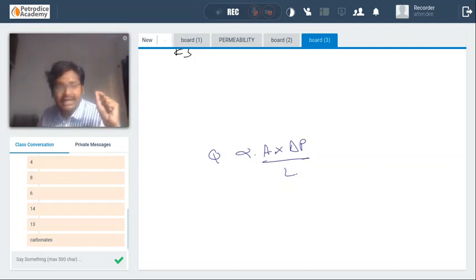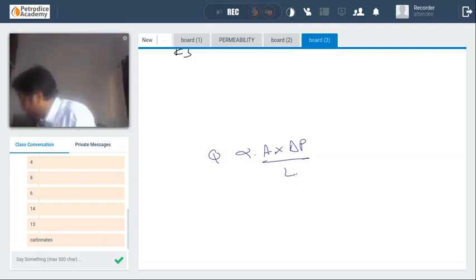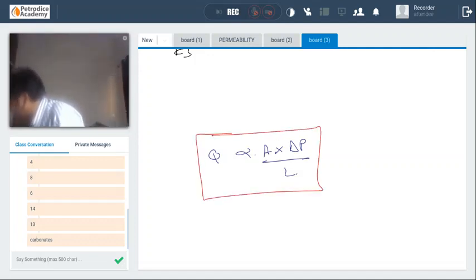Based on the Darcy experiment, he found this particular expression.